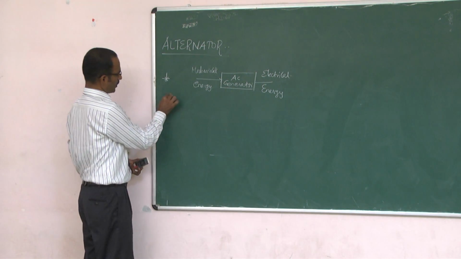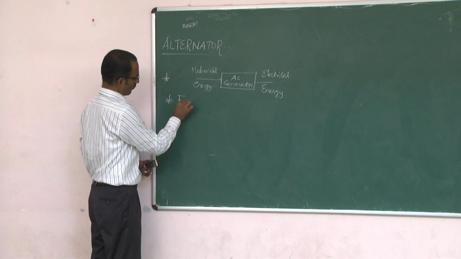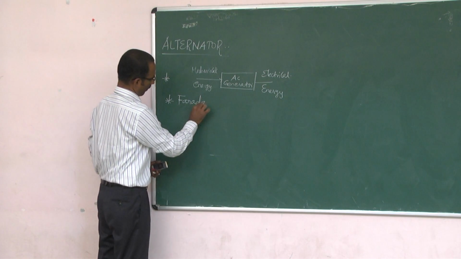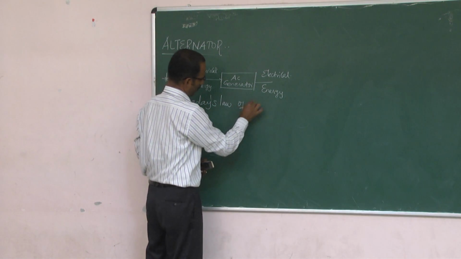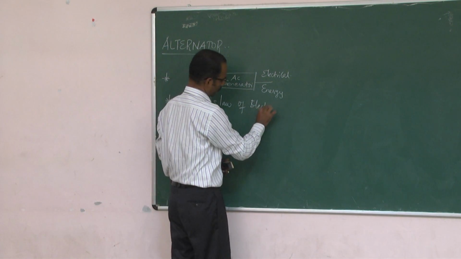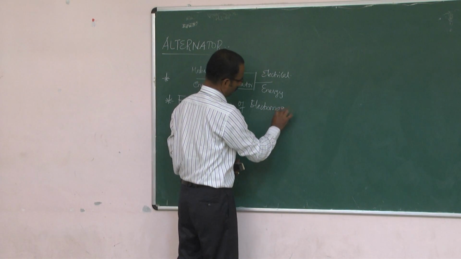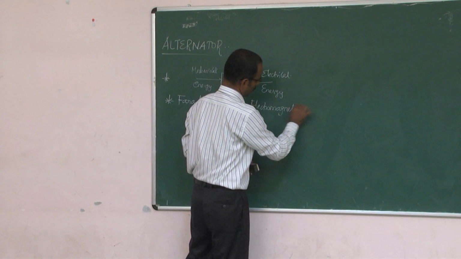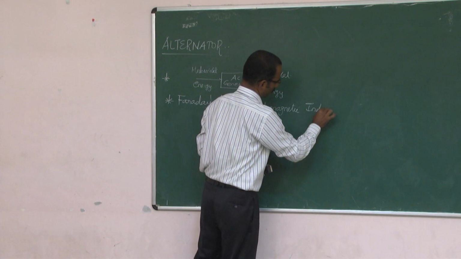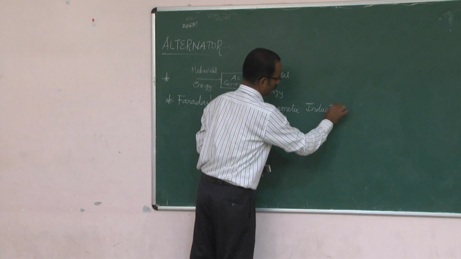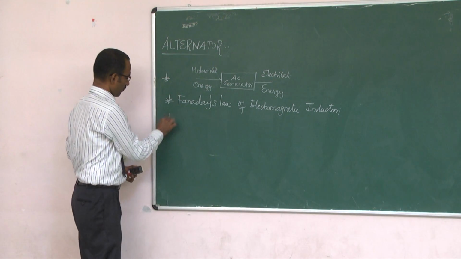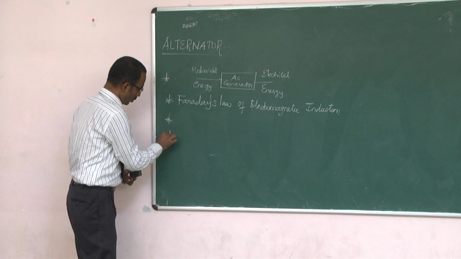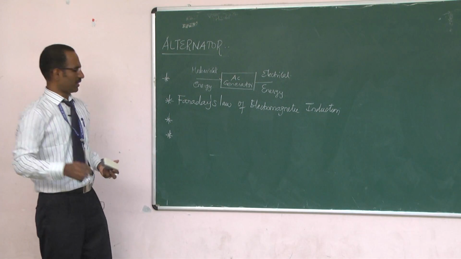It works on the principle of Faraday's law of electromagnetic induction. So as per Faraday's law statement, we need a minimum of 2 elements to create a single sine waveform.